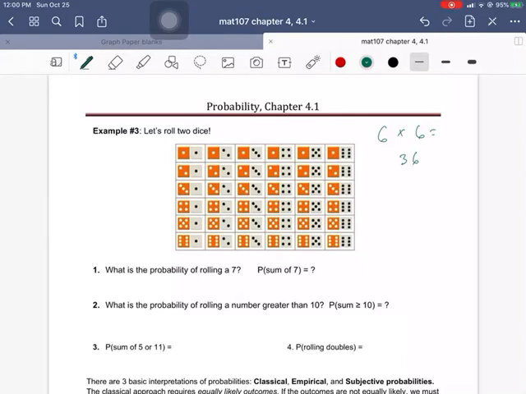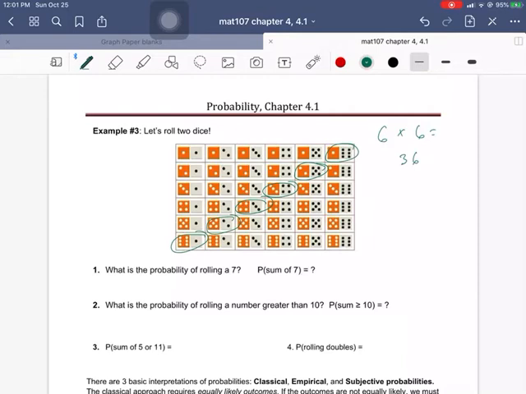Okay, so what is the probability of rolling a 7? Well, let's see. Where's a 7? Here's a 7. Here's a 7. Here, here, here, and here's a 7. Making sure that I got all of them.